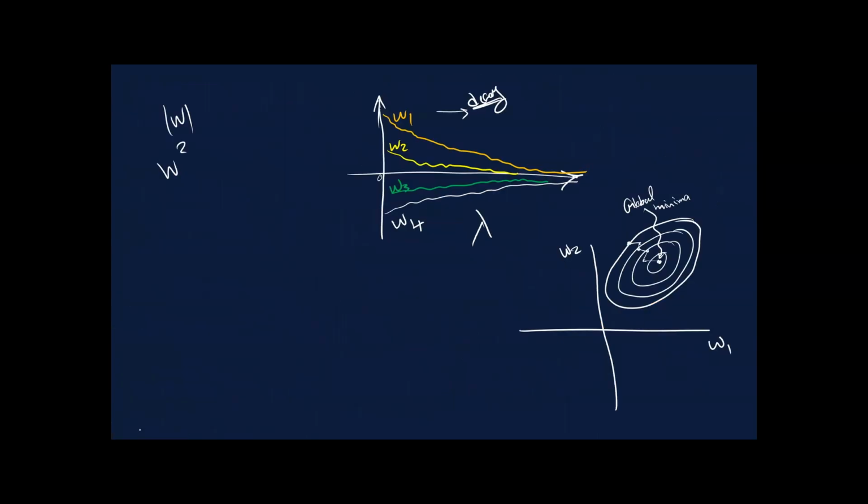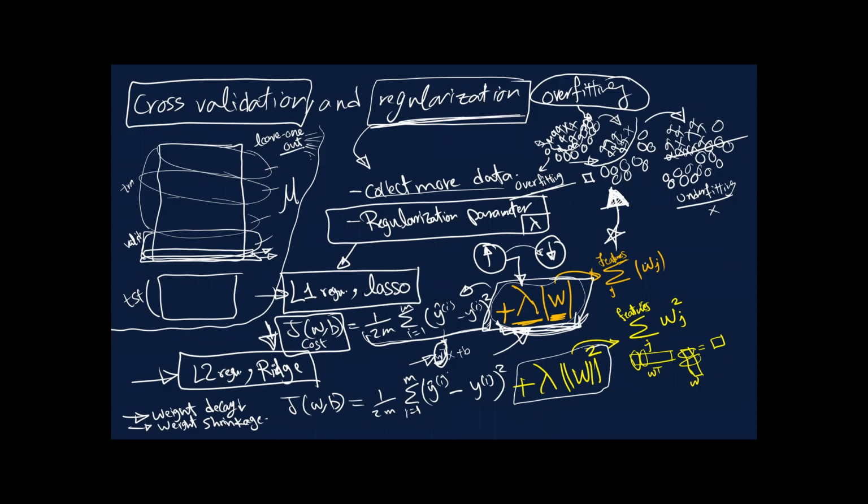The weights have to solve the two problems at the same time. So let's look at L1 regularization. We said we are going to add these together, so basically we are adding the values of the weights. It will be W1 plus W2, and it will look like this.